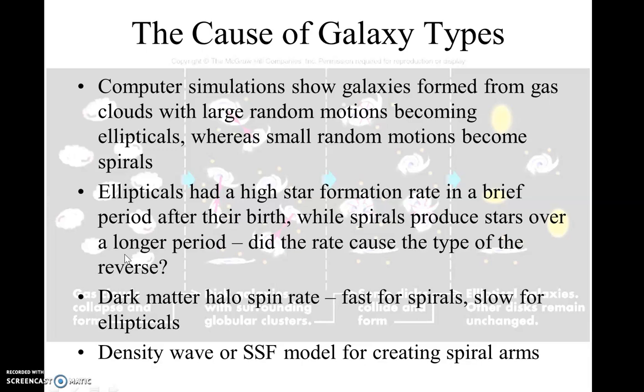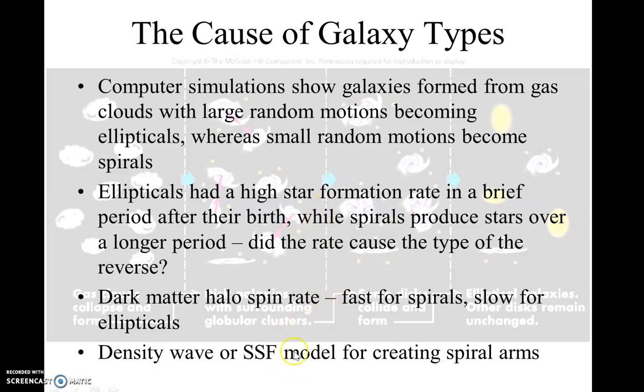All right, so that's what happens with the spiral galaxies. We still don't know why spirals form, but there's the density wave model and the self-propagating model as well.